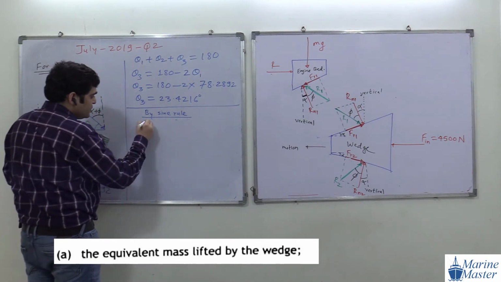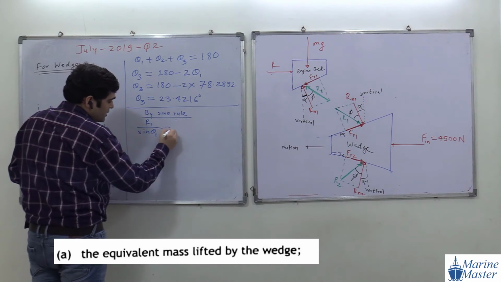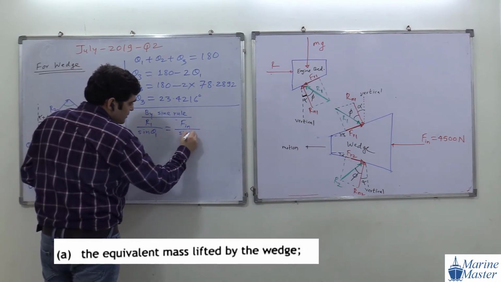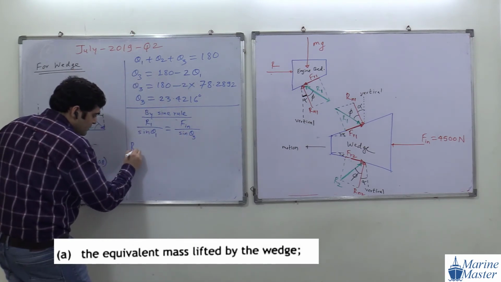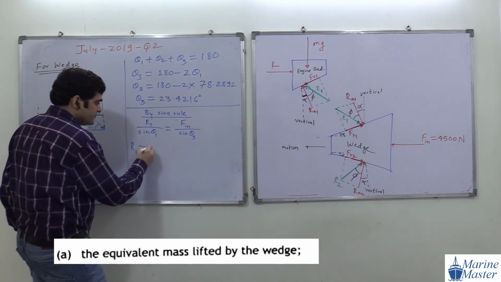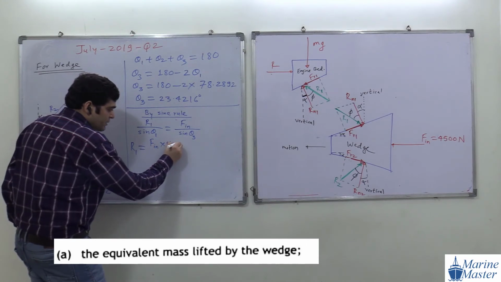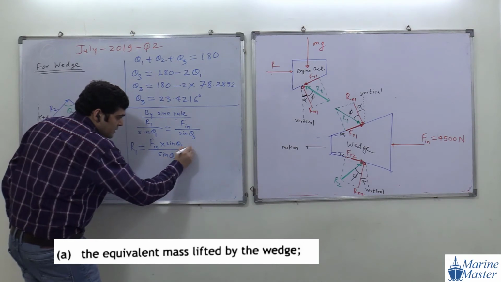So R1 by sine of theta 1 equals F in by sine of theta 3. So R1 will be F in multiplied by sine of theta 1 divided by sine of theta 3.